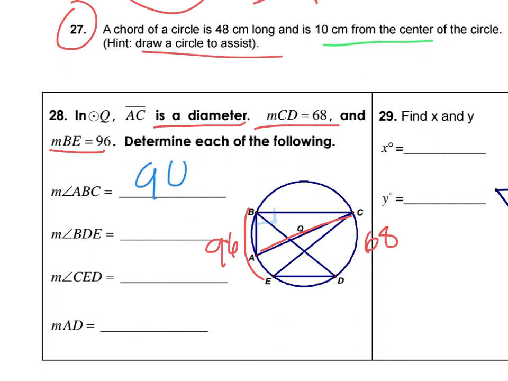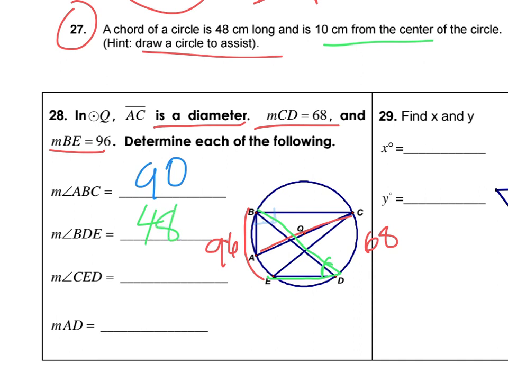We should be done with that. Then they ask us to look at angle BDE. So maybe tracing the angle and then finding that vertex and then seeing the intercepted arc with that. Now I can see the 96 is corresponding with that angle, and so it's just half that size. So that's going to be 48.